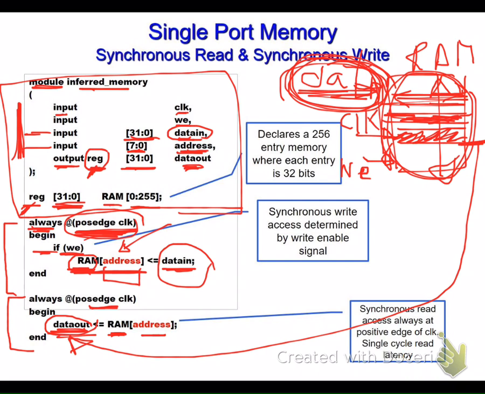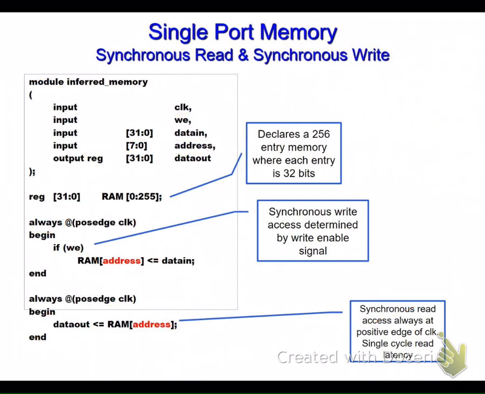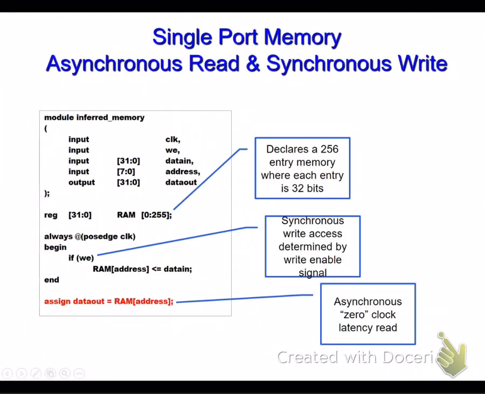And if I can do that, then you will take at this particular data output, again at the positive edge clock, whatever you have at that particular location. So let's see, okay, now we write synchronously, and we already understand how I can write synchronously.